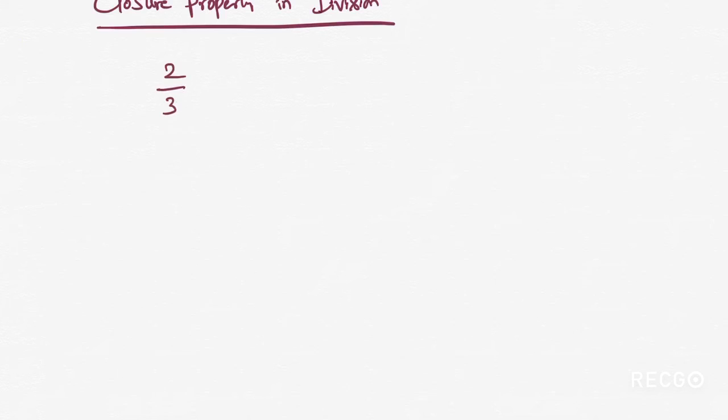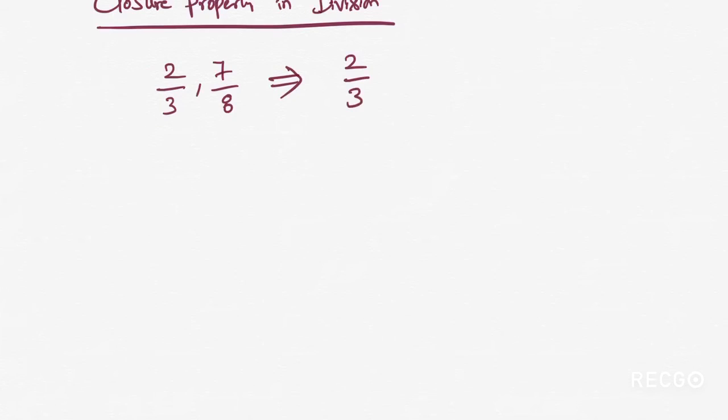Let's come to the closure property in division. Take two numbers again, 2 by 3 and 7 by 8.